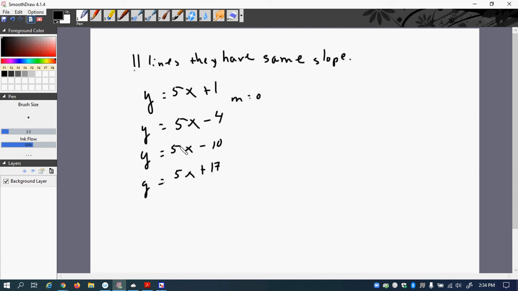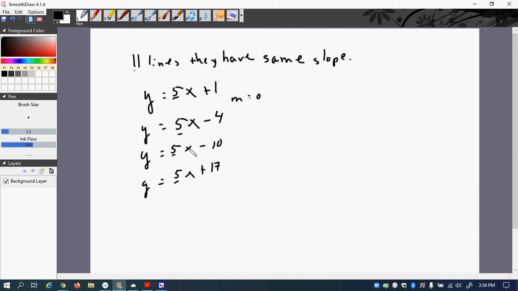So if I was to graph all of these equations on my graphing calculator, I would see they were all parallel lines to each other. And so that's an important piece to know, that this is the key to a parallel line.